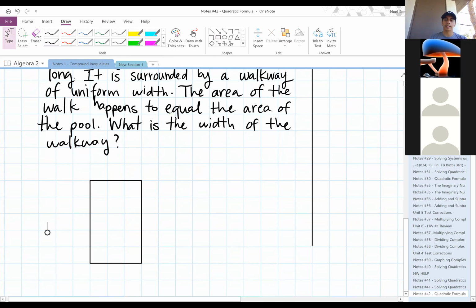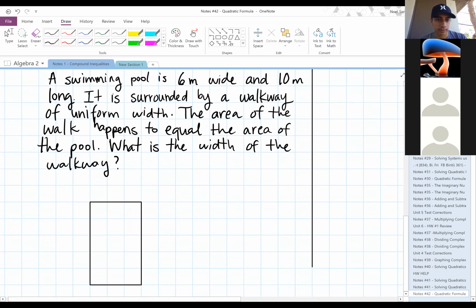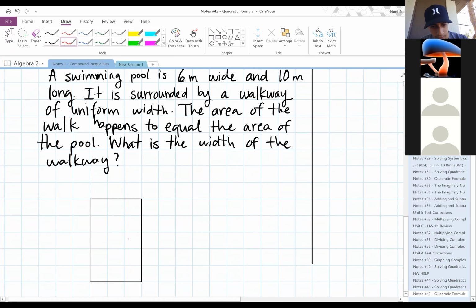Okay, so let's say that's my pool, right? So I have a length of 10 meters, and then I have something that is 6 meters wide, right? There's my pool, and fill it up with some water.